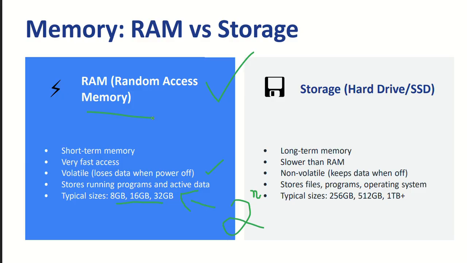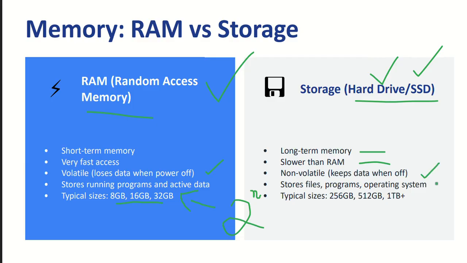It cannot come back. Okay, so to store the data permanently, there are storage devices in computers. There are two types: hard drive, and the modern type is SSD. SSD stands for solid state drive, and hard drive we can call HDD. It is a long term memory. They are slower than RAM, but the key point is they are non-volatile.